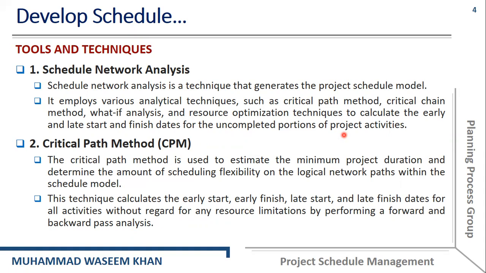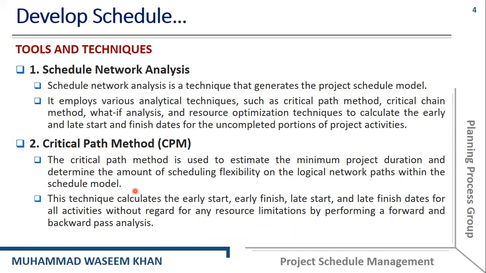Let's talk about the critical path method. Critical path method is used to estimate the minimum project duration and determine the amount of scheduling flexibility on the logical network paths within the schedule model. So in critical path method, we try to find out the critical path within a particular project.